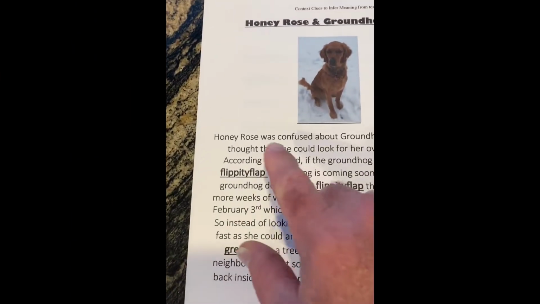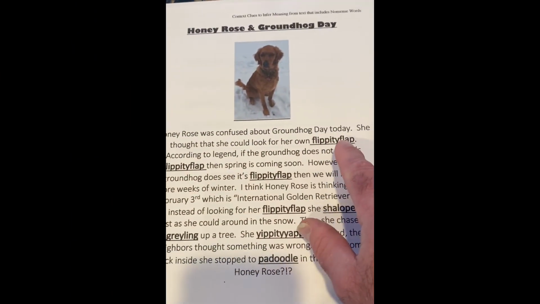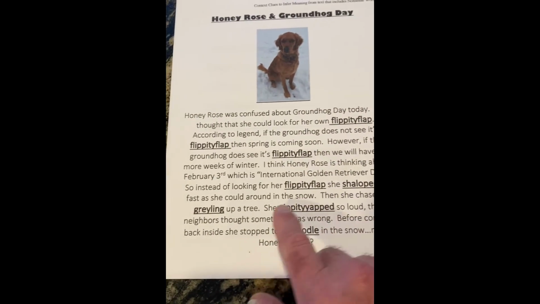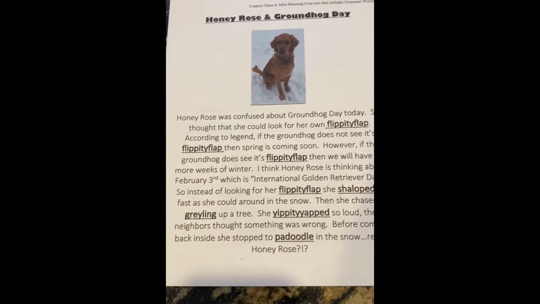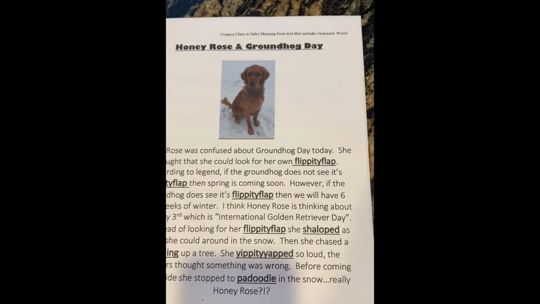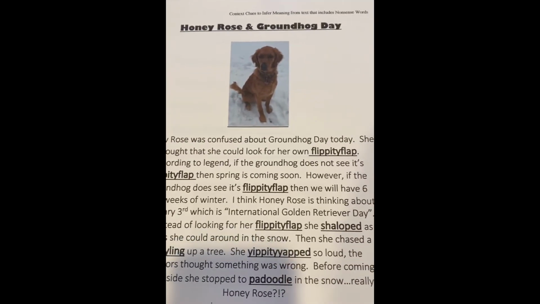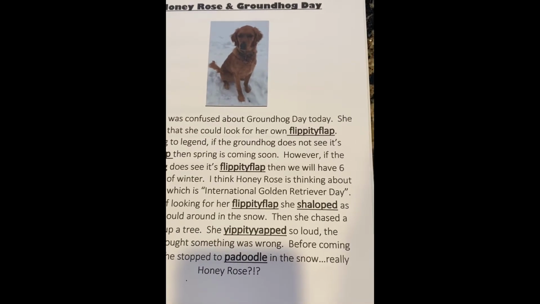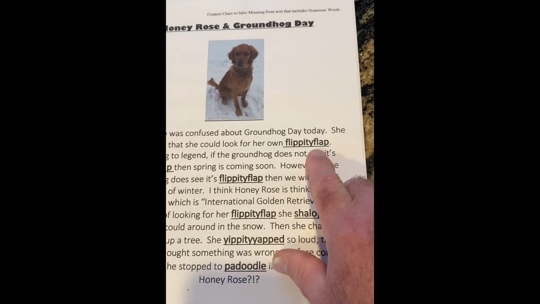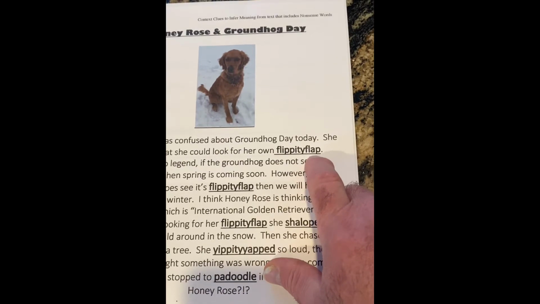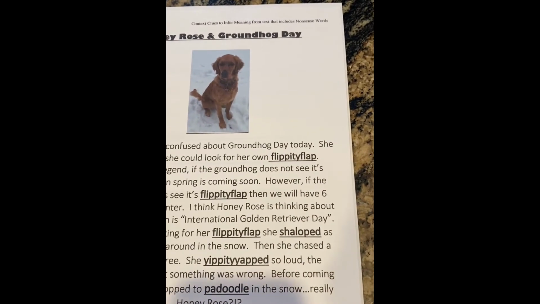So we know that these words are not real words: flippity-flap, shaloped, grayling, yippity-yapped, padoodle. But even with nonsense words, we talked about this yesterday, you can actually understand stories with words that you don't completely know. Let's say that this was a real word, flippity-flap, and you just don't have any idea what it means.